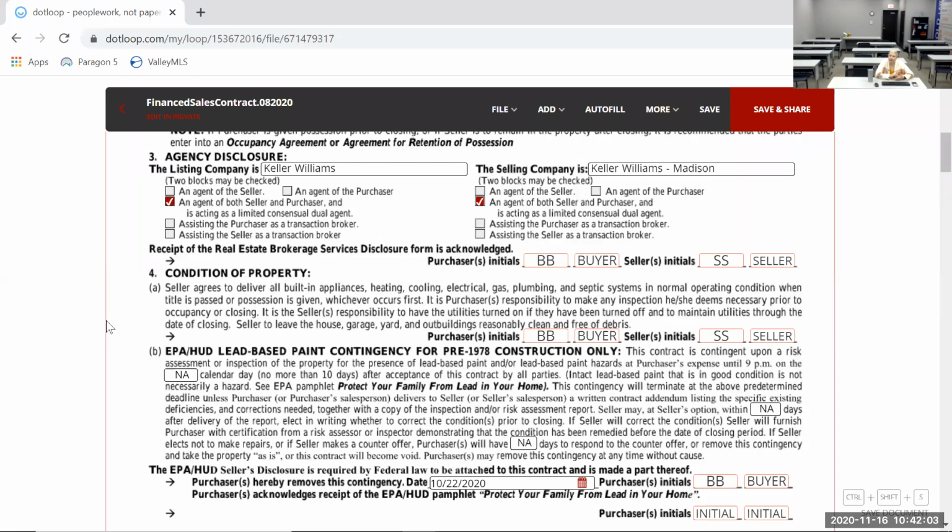So if you are selling an unoccupied home, not necessarily a new home, the builders are really good about having everything turned on. But if you're selling an unoccupied home, just make sure that you ask the listing agent, are all utilities turned on?